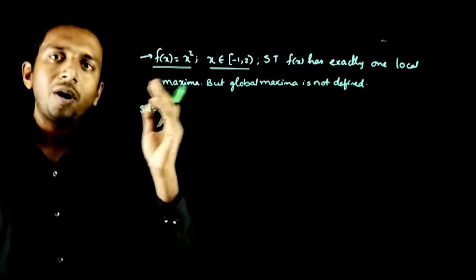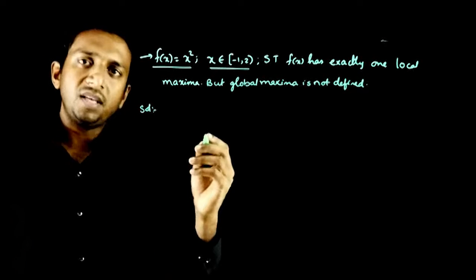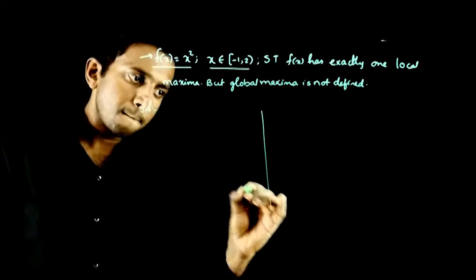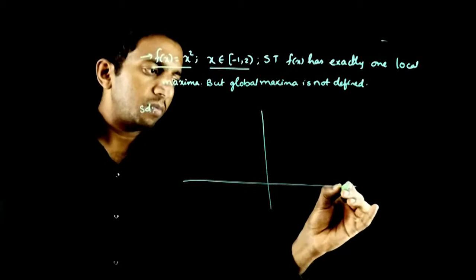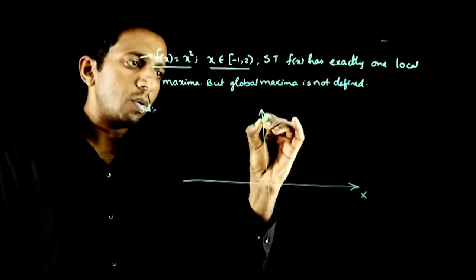Okay, so if you draw the graph of f of x is equal to x square, so this is x-axis, this is y-axis.